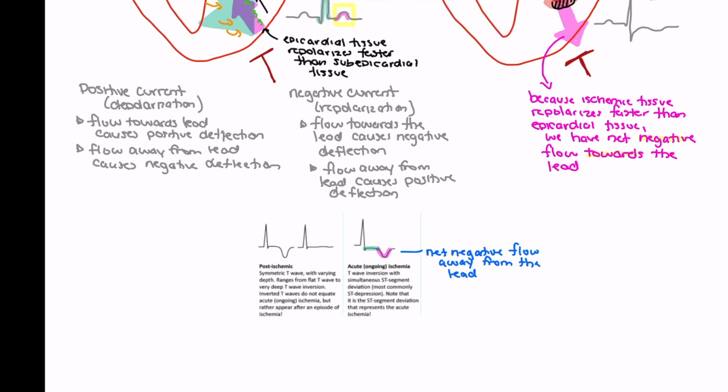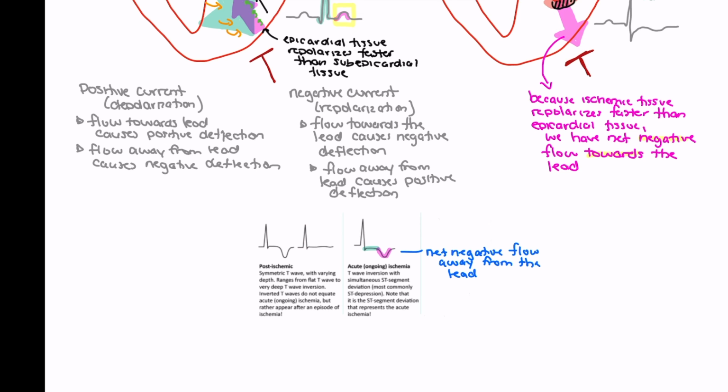So what is supportive here of the T-wave inversion to let us know that this is likely an ischemic event is the ST depression. And the reason for that is because when we have ST depression, that's telling us often that we have the flow of positive charge towards the lead here, which shows up on the ECG as an ST depression.